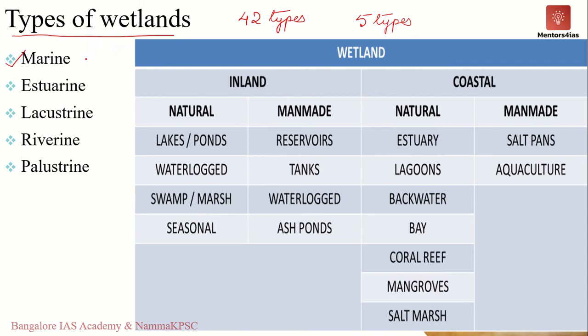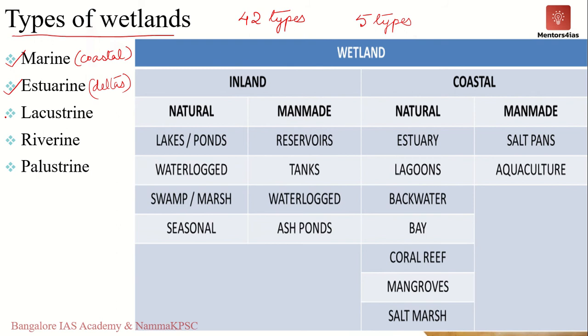Marine wetlands are nothing but coastal wetlands, which include coastal lagoons, rocky shores, and coral reefs. Second is estuarine wetlands. These include deltas, tidal marshes, and mangrove swamps. These are found along the river mouth.